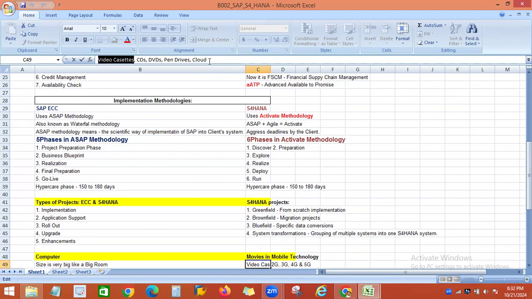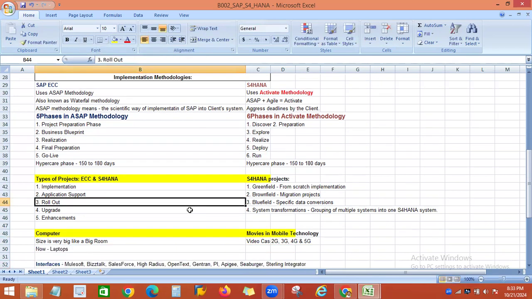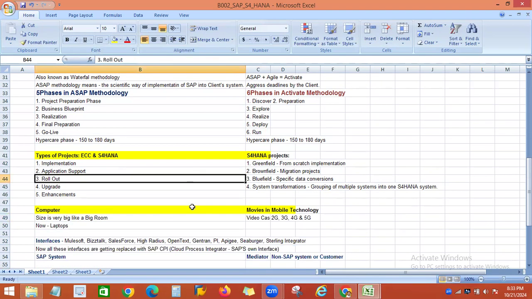We no longer need to wait, or purchase any DVD, cassette or pen drive, and there are no quality issues. Likewise, technology is advancing. Similarly, SAP also has to make changes, so because of that it is required to upgrade from SAP ECC to SAP S/4HANA.